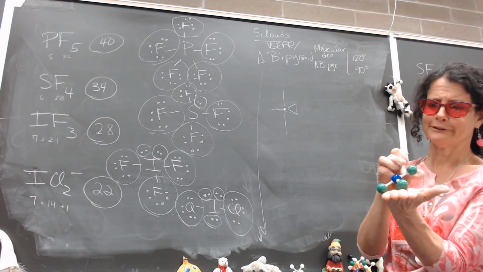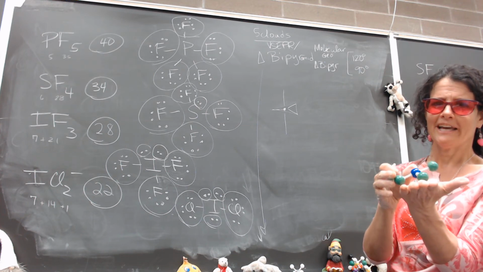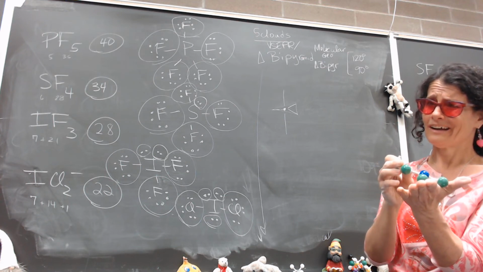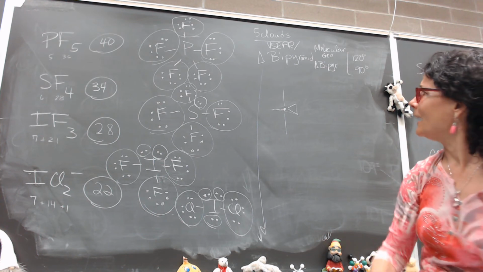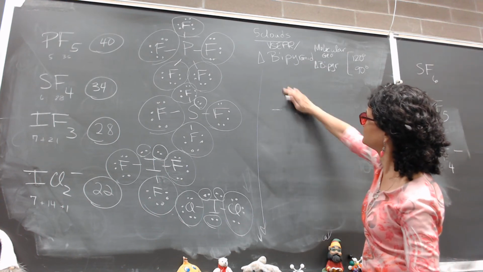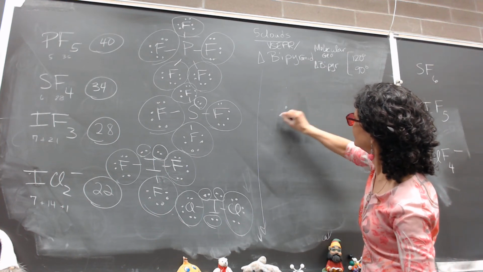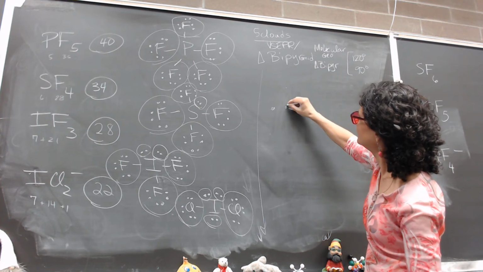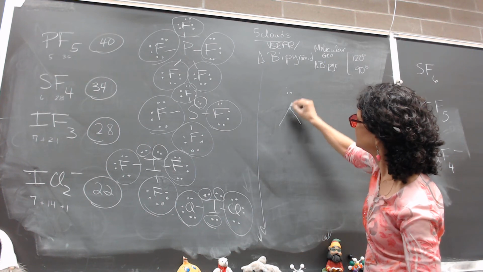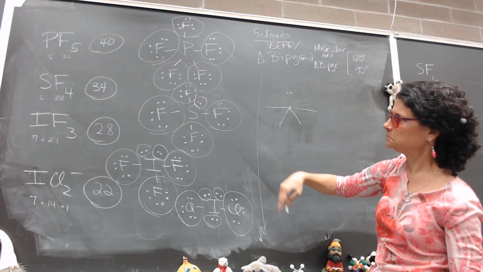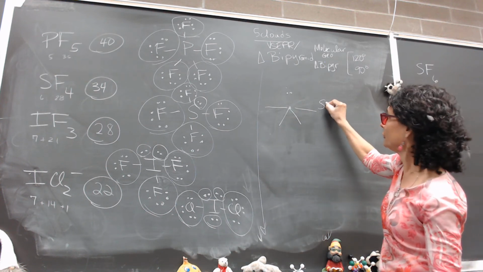And my hand is too small to do a seesaw. I did not make up these rules, but it's lopsided. So this is a trigonal bipyramid, right? And now we have this as a lone pair, where we can make it look like a seesaw. This is our lone pair up here, and these would be across from each other. And it is called a seesaw.